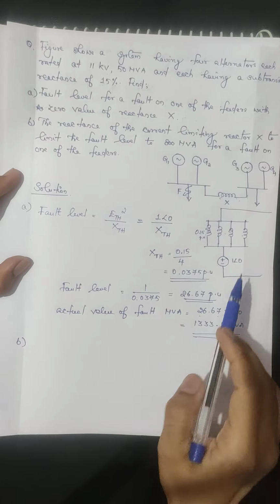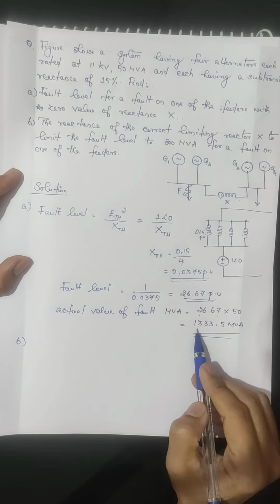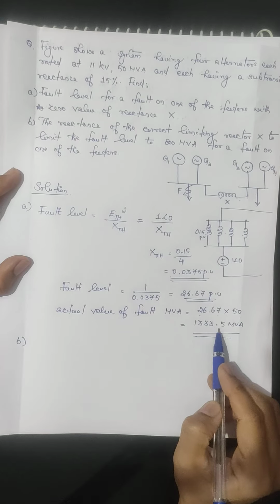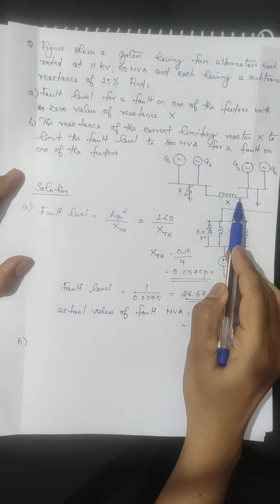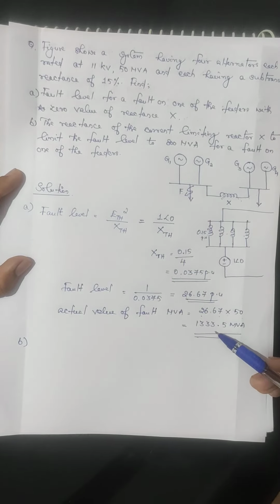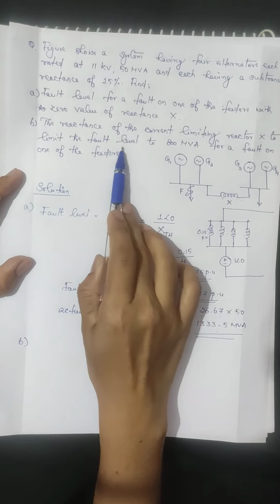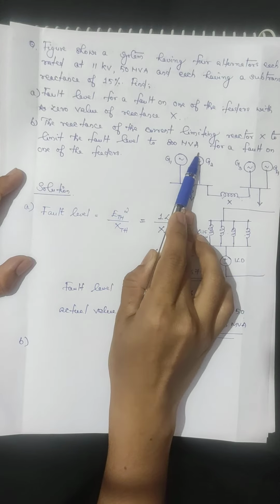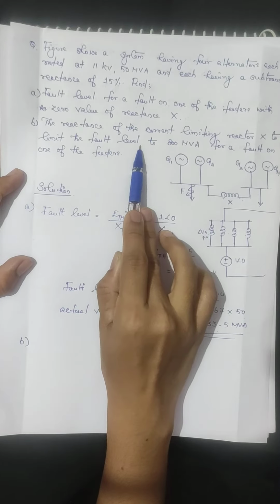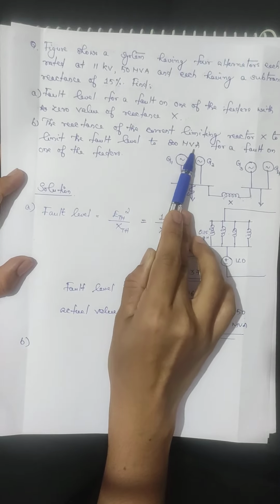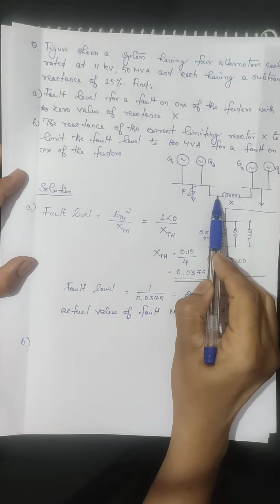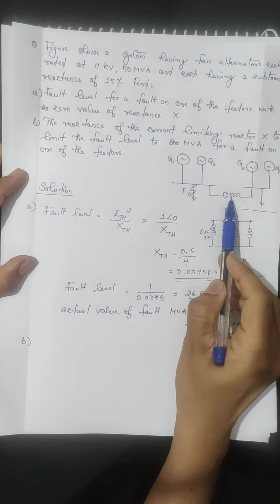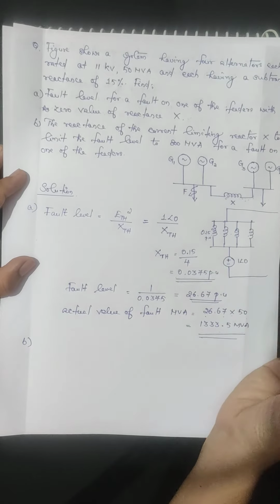So here we have got the fault MVA as 1333.5 with 0 value of reactance here. So now in the second part we have to limit the fault level to 800 MVA, and if we have to limit the fault level to 800 MVA, what should be the value of this current limiting reactor X? So we have to calculate that.